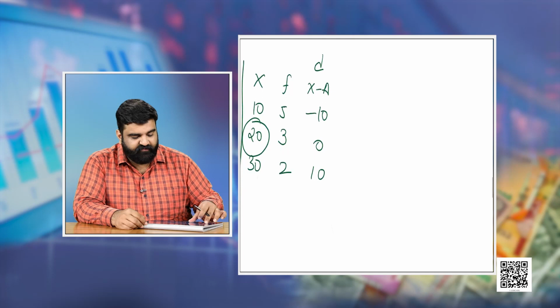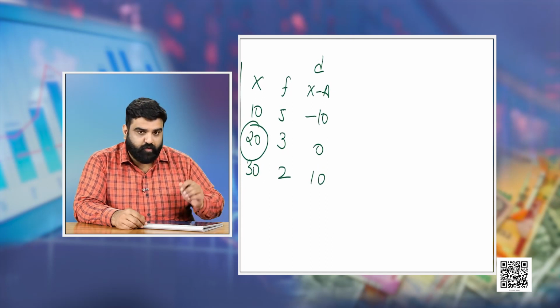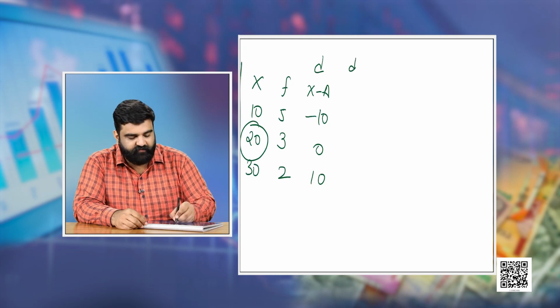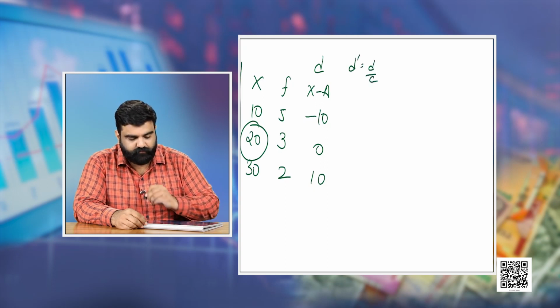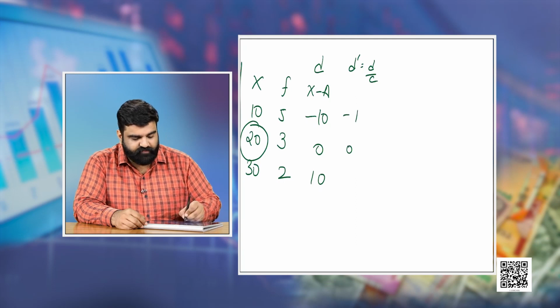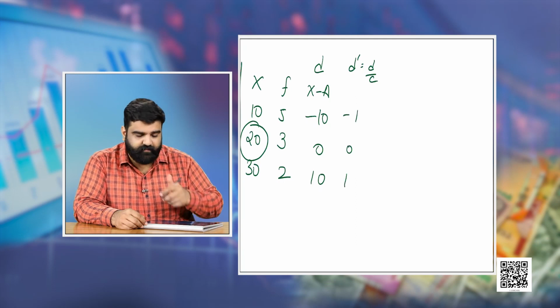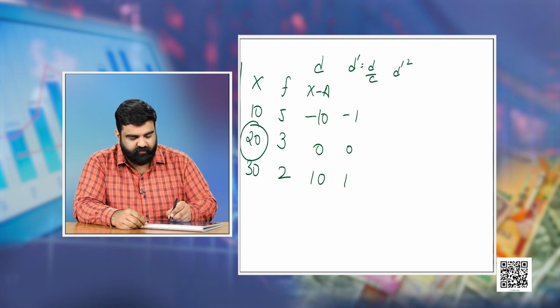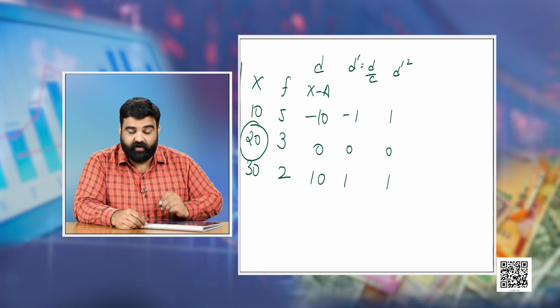Now, I find that 10 can be pulled out, being common in all the values. So, I have d dash, that is d by c. Taking 10 as common factor, I have minus 1, 0 and 1. This will simplify my question. I can also calculate d dash the whole square, which will be 1, 0 and 1.